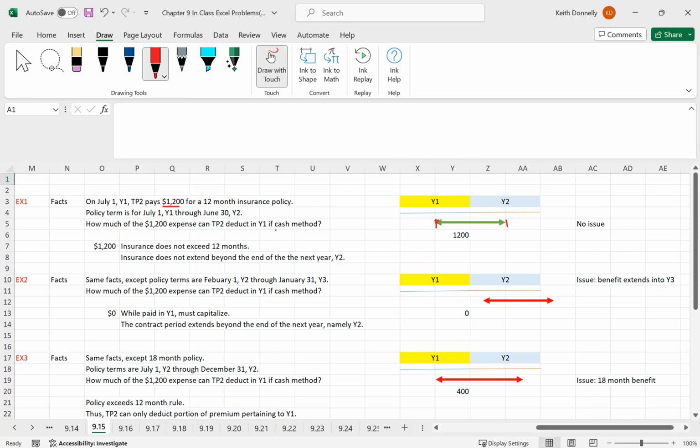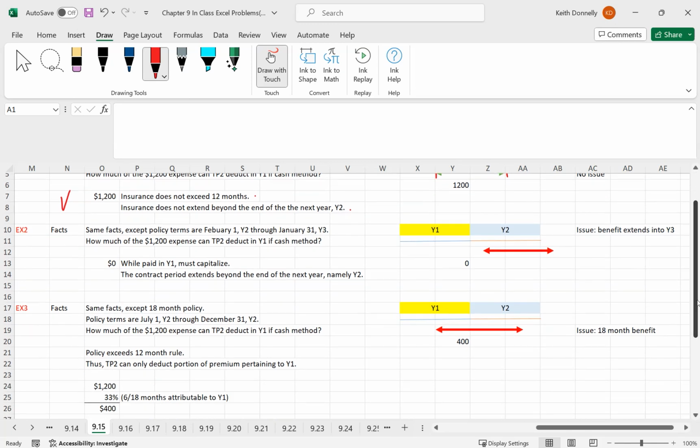Well, the idea here is we're going to snake our way through that logic chain, and we'll be able to use the 12-month rule to immediately expense this. Specifically, it's a prepaid expense. The insurance period, that green arrow, doesn't exceed 12 months, and it does not extend beyond the end of the next tax year. Here's year 1, here's year 2. We're not going into year 3 there at all.